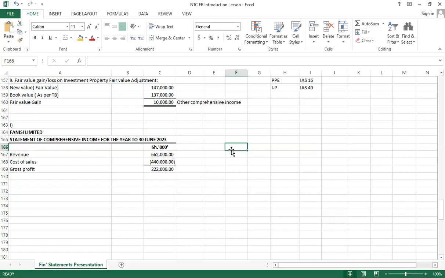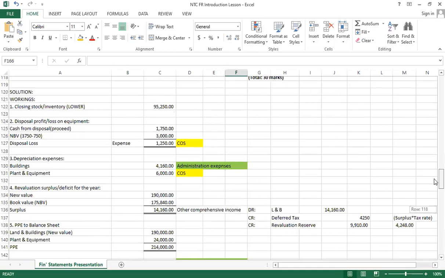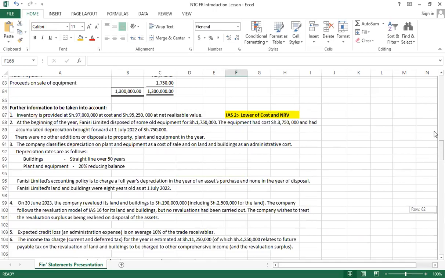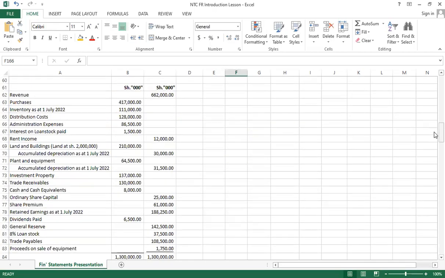And if that is the case, then before you can minus expenditures, you check whether we have other operating incomes. Are there other operating incomes to add to the gross profit? I'll go back all the way to the trial balance and check. The moment you have this investment property, most probably you will have other operating incomes.